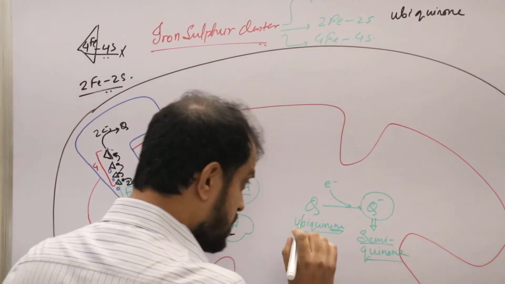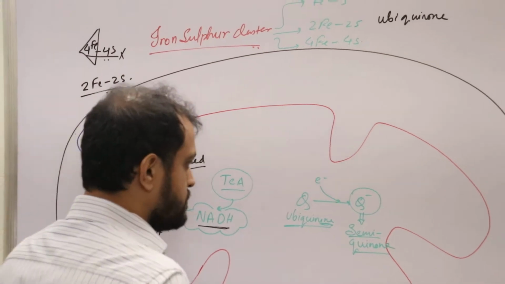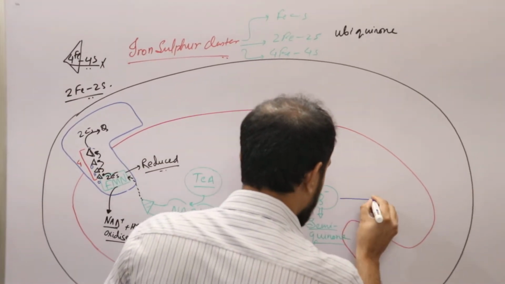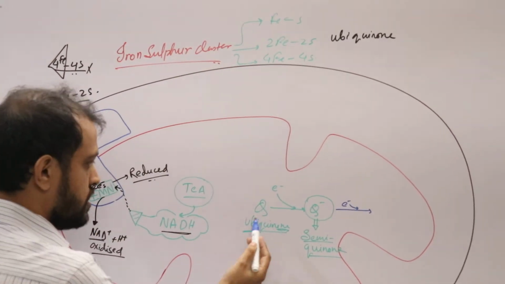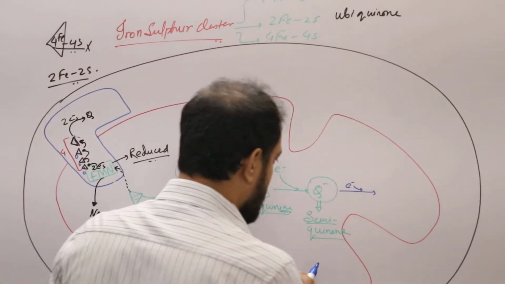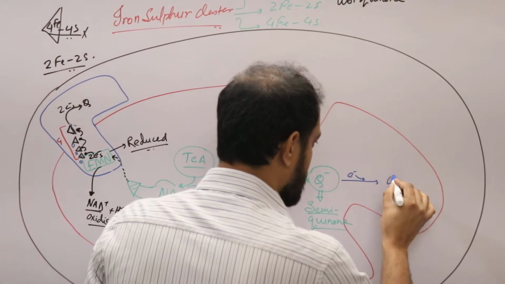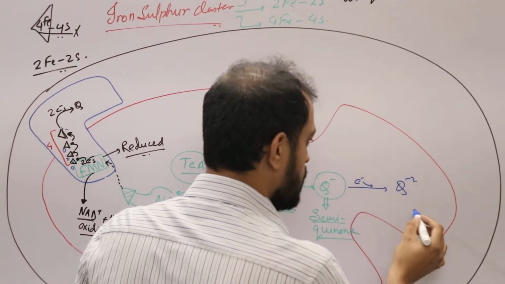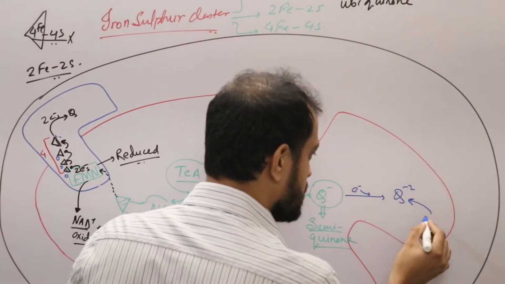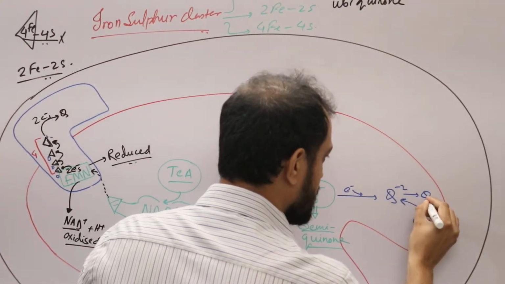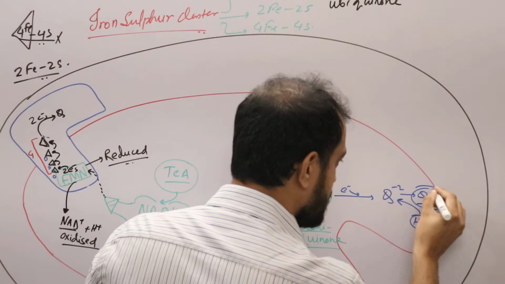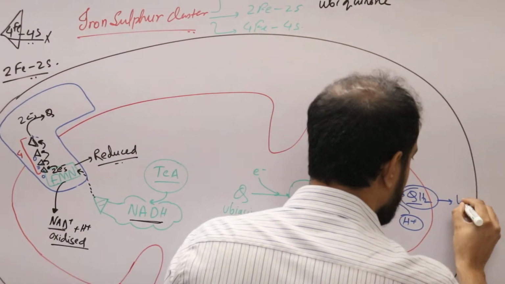Again, when you add another electron, you can add a maximum of 2 electrons to a ubiquinone molecule. When you add another electron, it becomes -2 and it acquires H plus from its surroundings and becomes QH2, which is known by the name of ubiquinol.